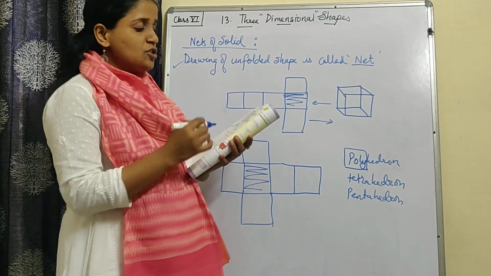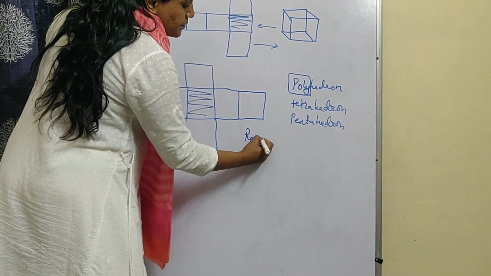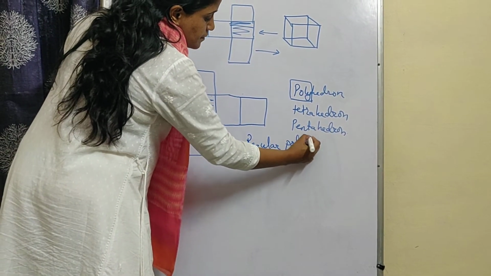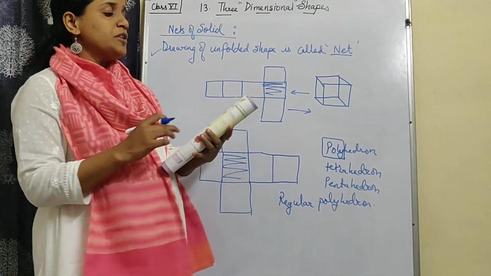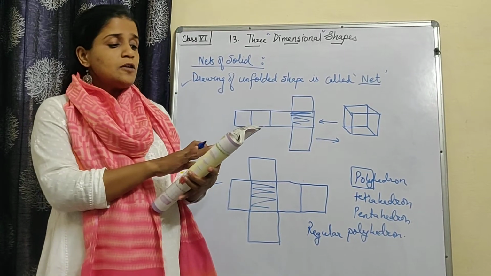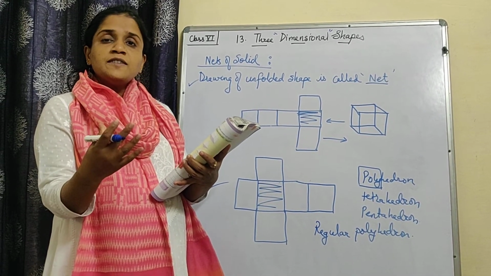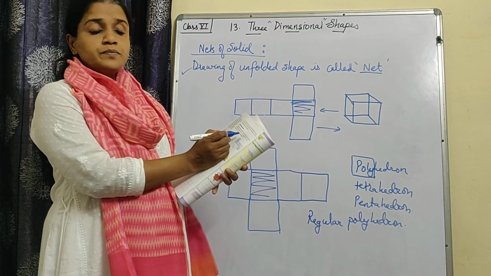Now the next thing which we have to learn is regular polyhedron. Now what is a regular polyhedron? A regular polyhedron is a polyhedron in which all the surfaces are identical in shape and size. Example, cube.